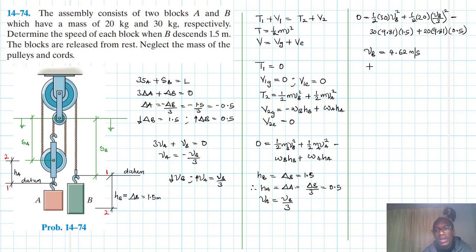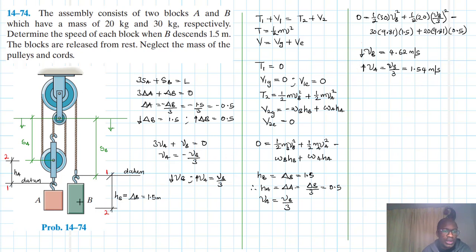Alright, and then VA we said is just equal to VB over 3, and therefore this is 4.62 divided by 3. This gives us 1.54. So VB is going down and VA is going up, right?